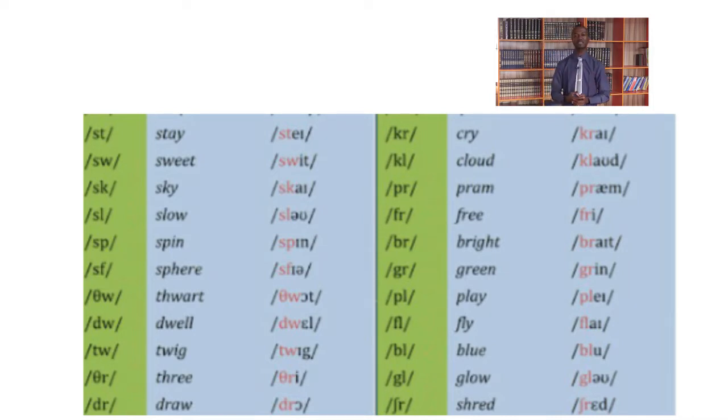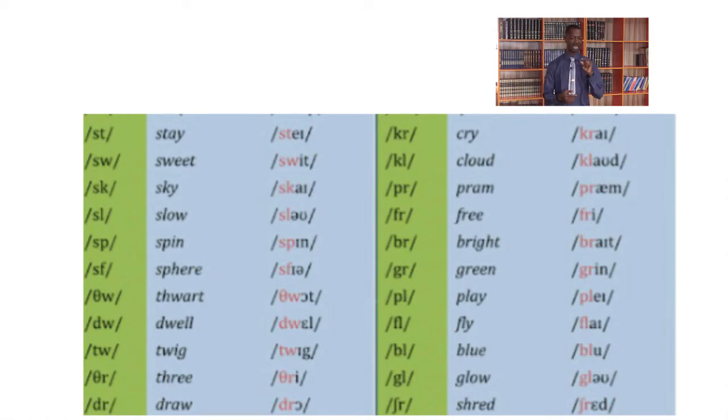So some other words that have two-letter consonant clusters are stay, ST, like school, S-C-H-O-O-L, school. But mind you, the cluster there in school is just two consonants.